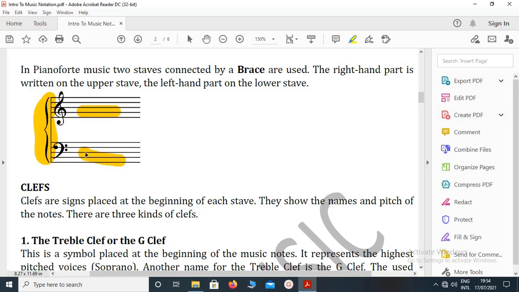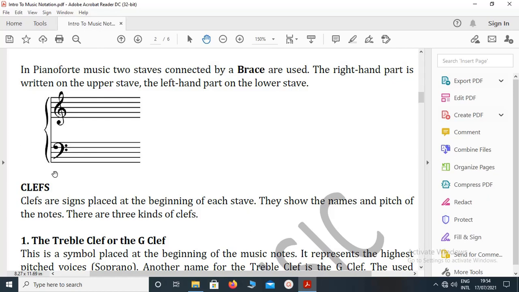The moment you find two staves combined like this, in most cases we refer to them as piano forte. We call that bracket a brace. The right hand part is written on the upper stave and the left hand part is written on the lower stave. This writing is mostly in relation to the keyboard.